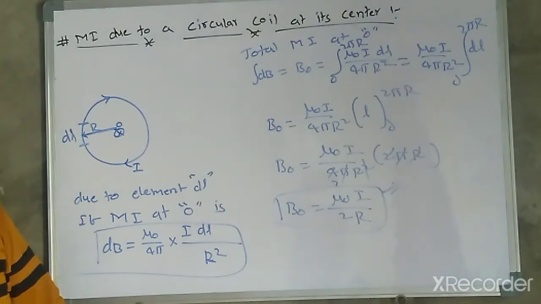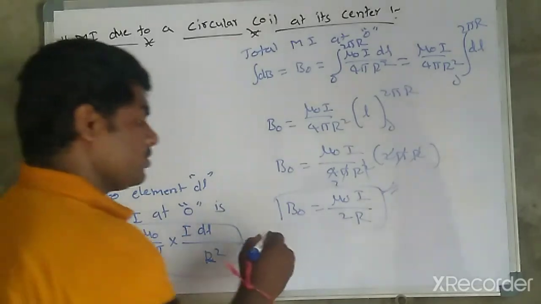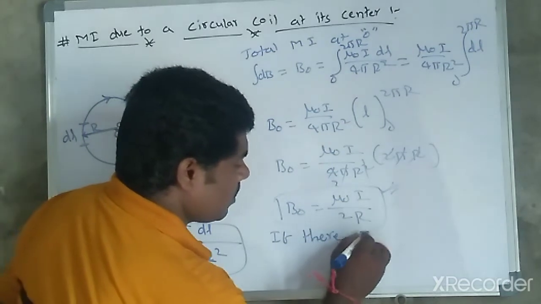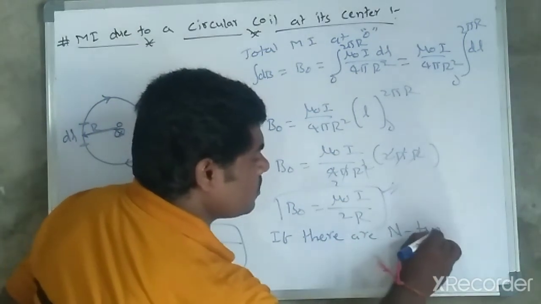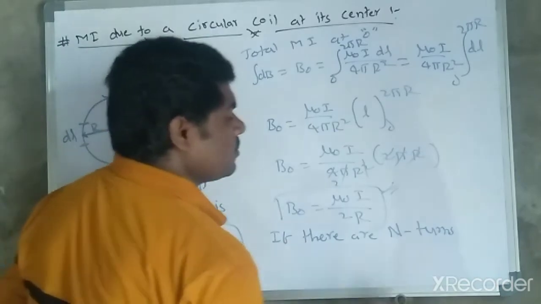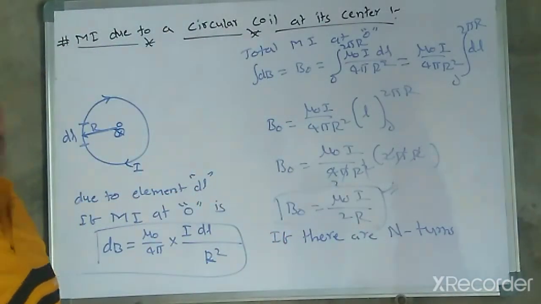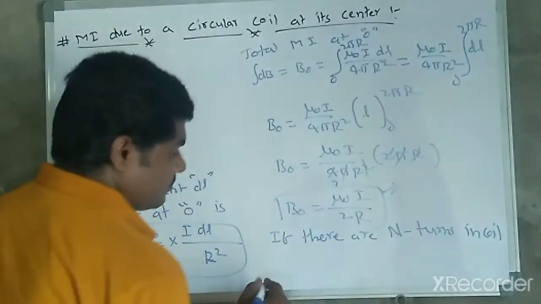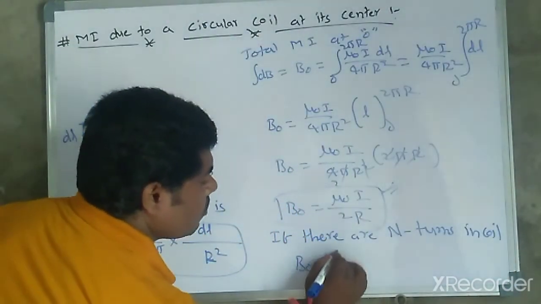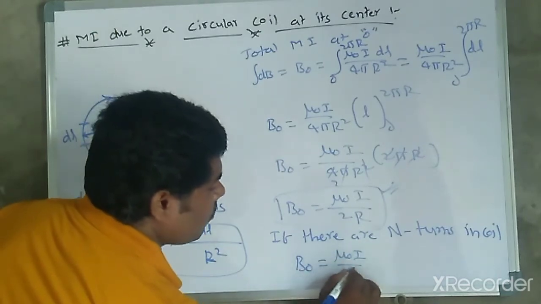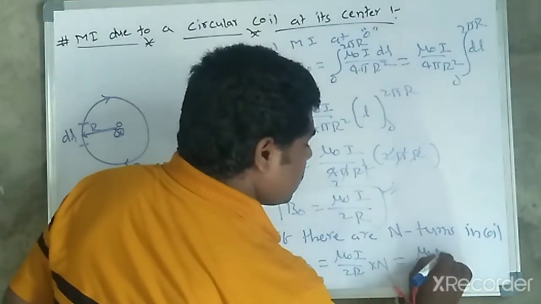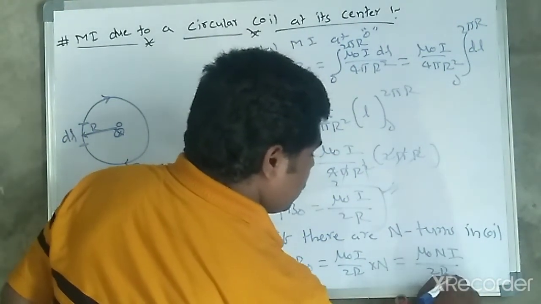If there are n turns in the coil, then B naught is equal to mu naught I divided by 2r into n, that is equal to mu naught n I divided by 2r.